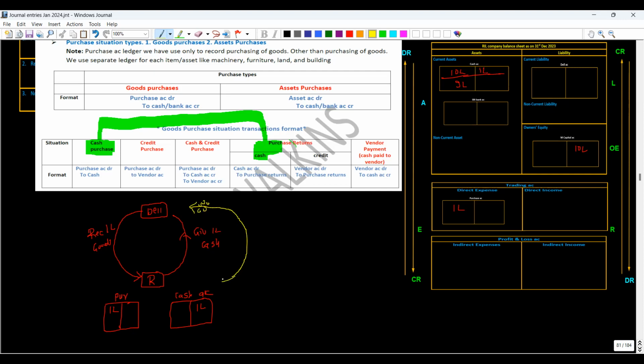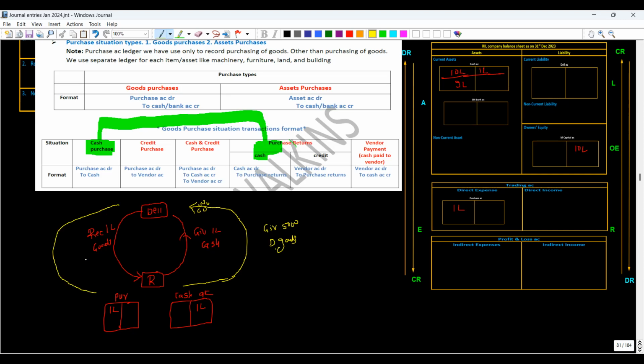Our company is giving 5,000 rupees worth of damaged goods back, returning them. Whenever we return damaged goods worth 5,000, do we get cash from the Dell company?